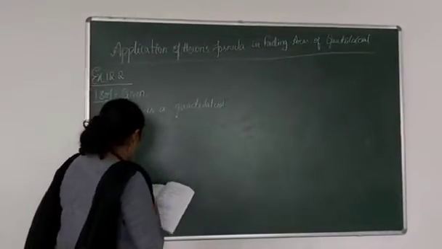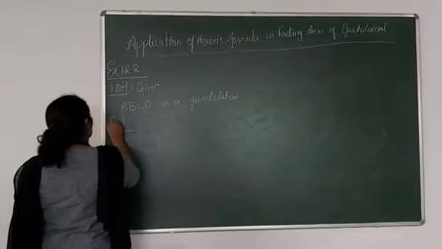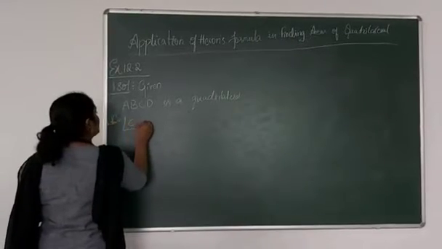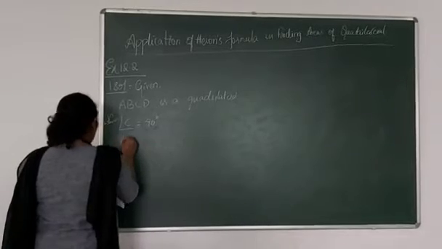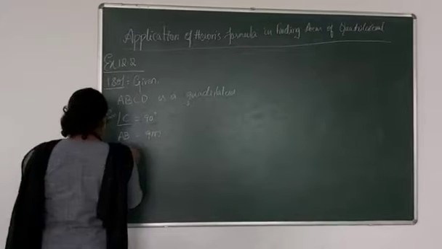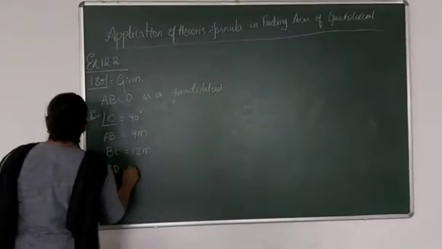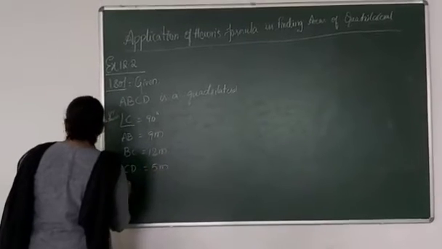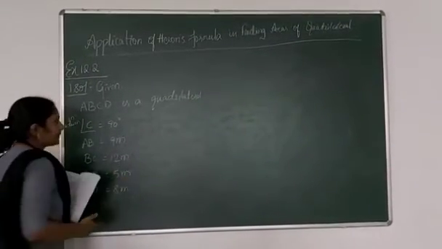Here it is given that angle C is equal to 90 degrees, AB is equal to 9 meters, BC is equal to 12 meters, CD is equal to 5 meters, and AD is equal to 8 meters.